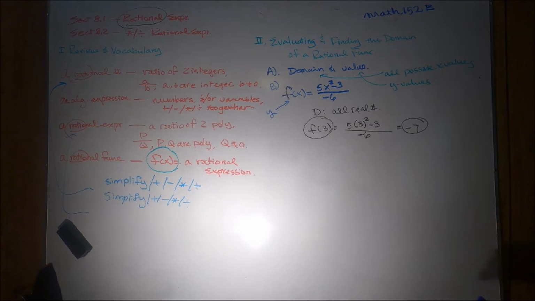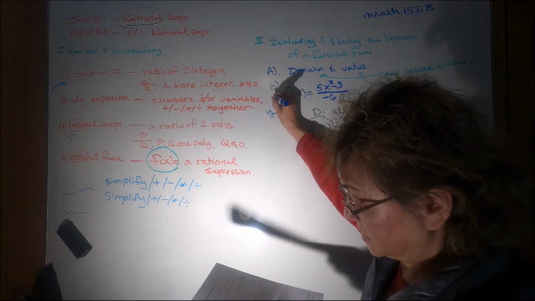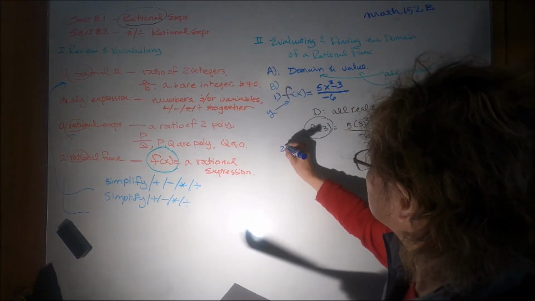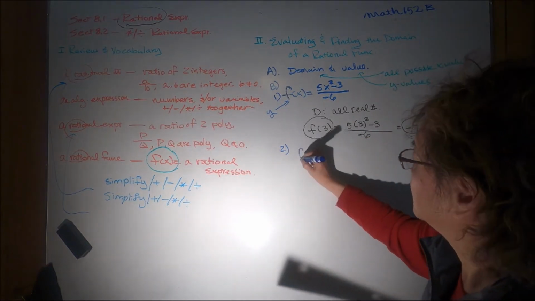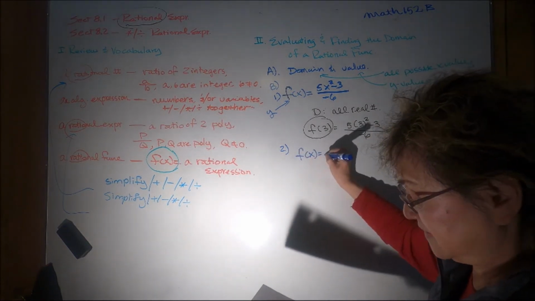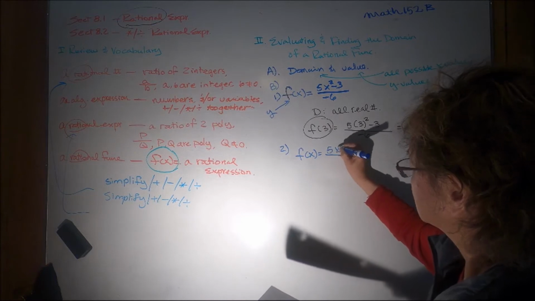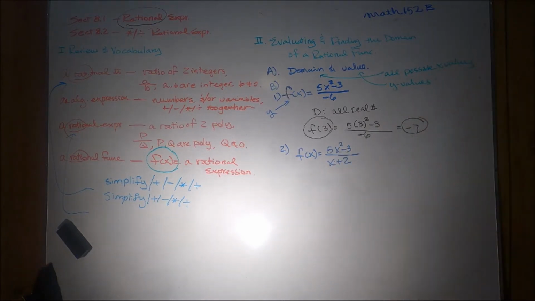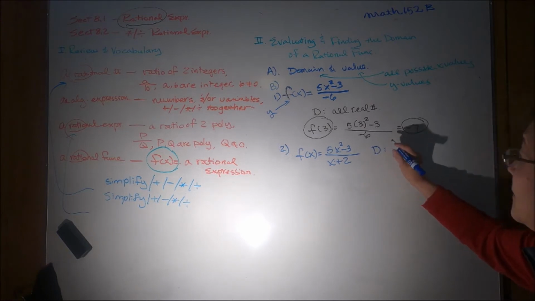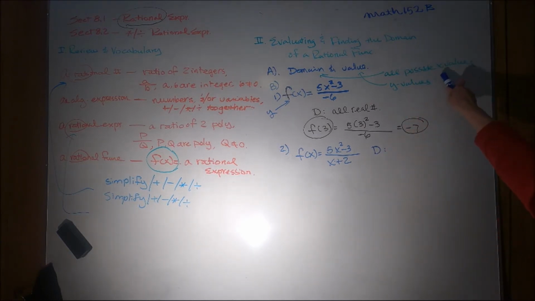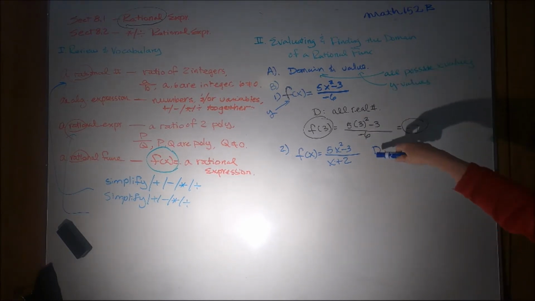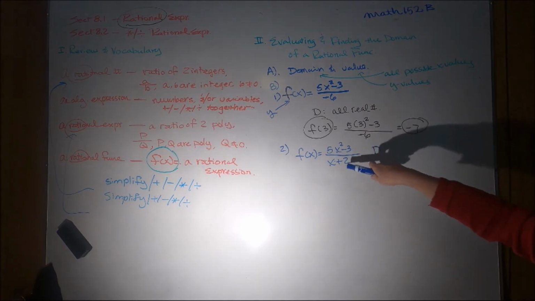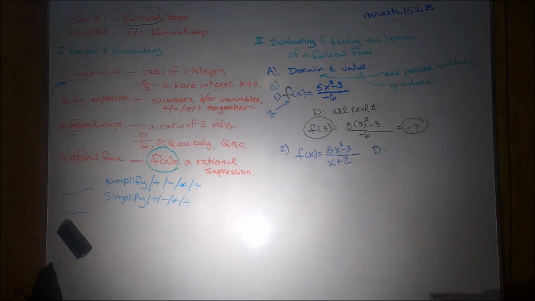If we have this one, that's your example 2. Say find the domain of f of x for this function: 5x squared minus 3x plus 2 over x plus 2, right? What does that mean? To find all possible x values, when you do the t-table, what kind of things can you plug in for x?